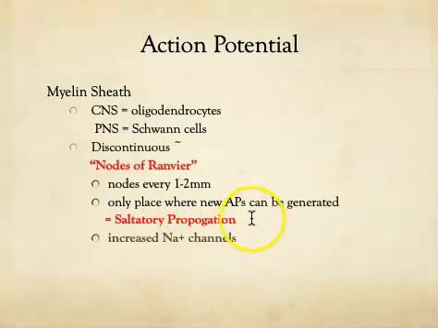Everywhere that the axon is myelinated, that's the area where the signal is just going to travel forward. Every time we hit an unmyelinated node of Ranvier, we're going to generate a new action potential. Send it along till we hit the next node, generate a new action potential, send it along.